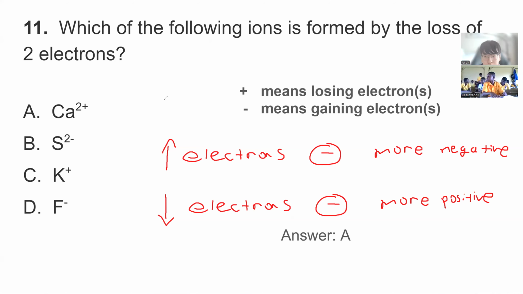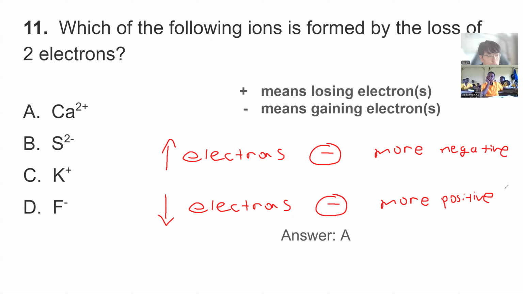An atom is normally neutral. It does not have any charge, but if it loses or gains electrons, the charge changes. So if you gain electrons, it becomes more negative. If it loses electrons, it becomes more positive.